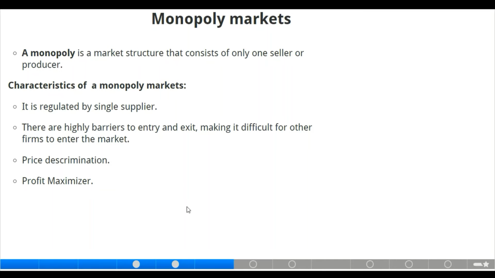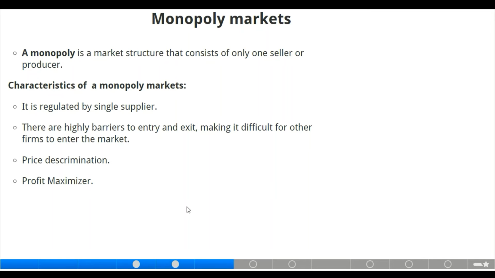Now we have the characteristics of a monopoly market. Number one says it is regulated by a single supplier. Of course, according to our definition, a monopoly is regulated by a single seller or supplier. Now, there are high barriers to entry and exit.